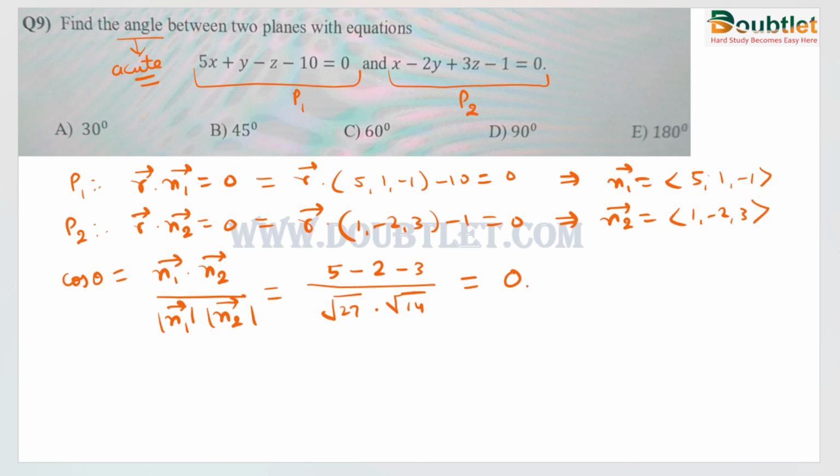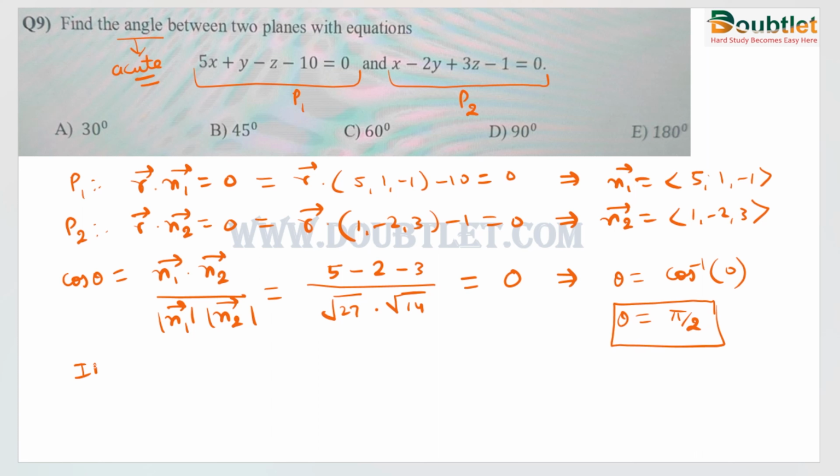So we know that the value of cos theta here is 0. So to find theta, we take the cos to the right hand side, so it will become cos inverse 0, and we know that cos inverse 0 gives theta equal to pi by 2.